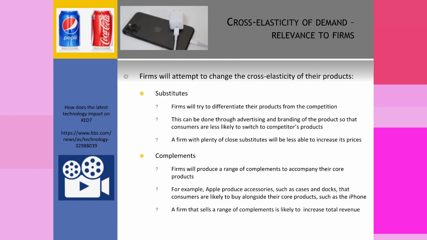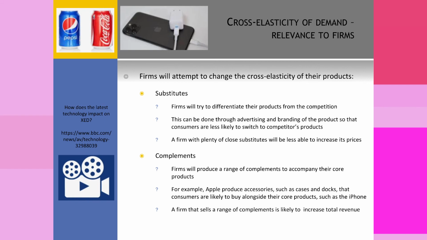So they do this through advertising and branding of the product and trying to keep the customers buying that same product. So a business that has plenty of close substitutes will be less able to increase its prices. So have a think about what company do you always buy from and you wouldn't even change. So that's because that brand has sold you on its product.